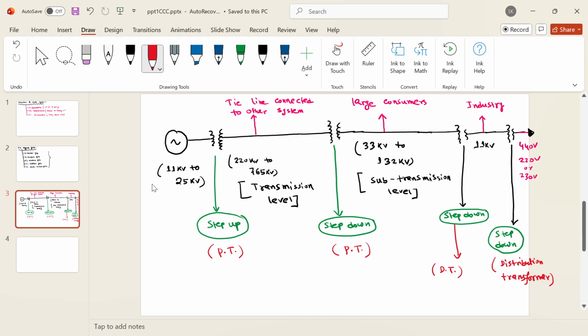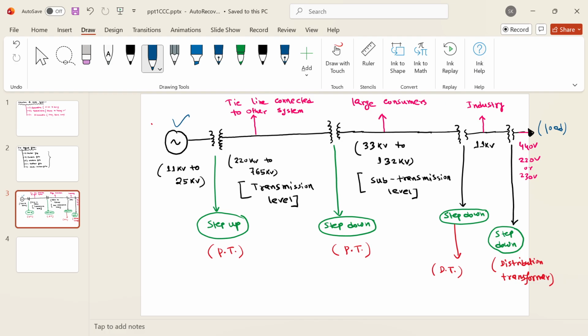You have this generation, let's say a synchronous generator, and these locations are far away from the load, because the synchronous generator can be driven by a hydropower plant and all. They are not nearby your home, so they will be far away. So you have to step up the voltage.